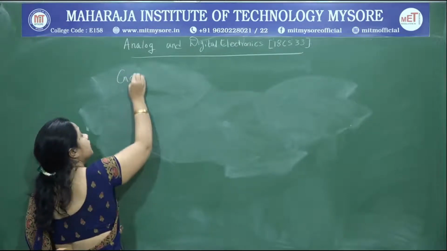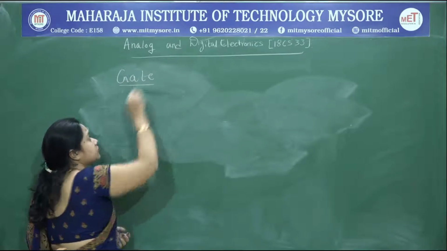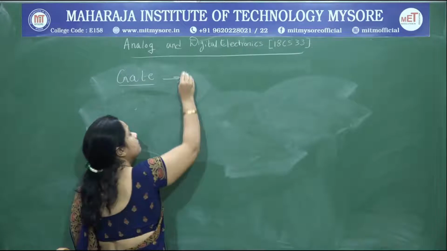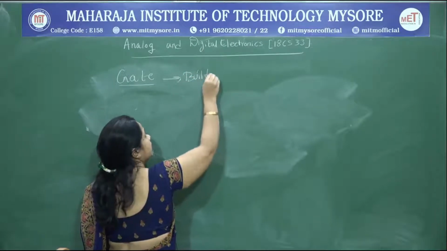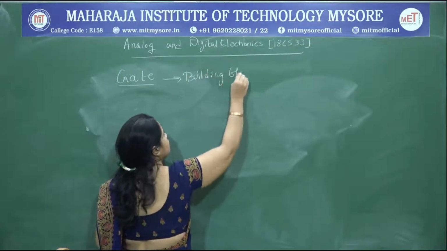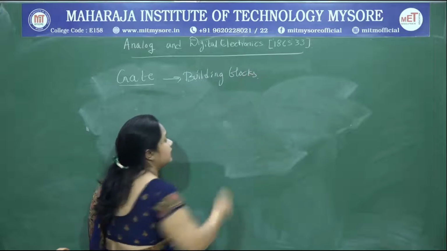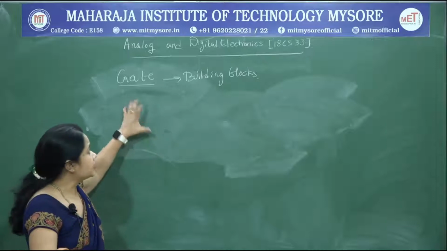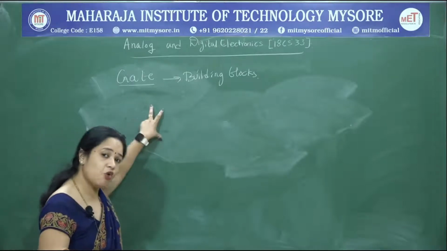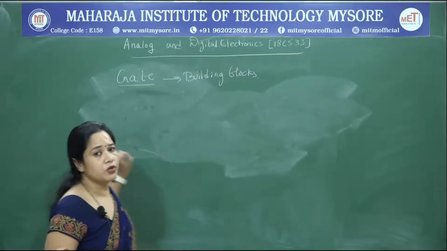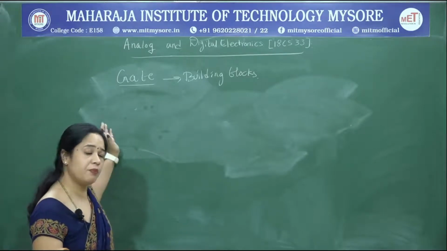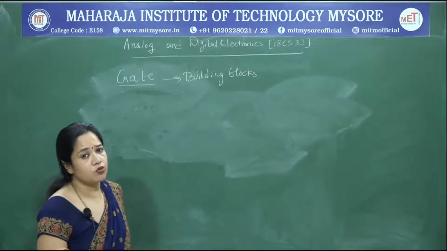The very first term we take is a gate. Gates are the building blocks of digital electronics, and the very broad way of defining a gate is that it has one or more inputs and a single output. So, a gate is a building block which houses one or many inputs and has a single output.